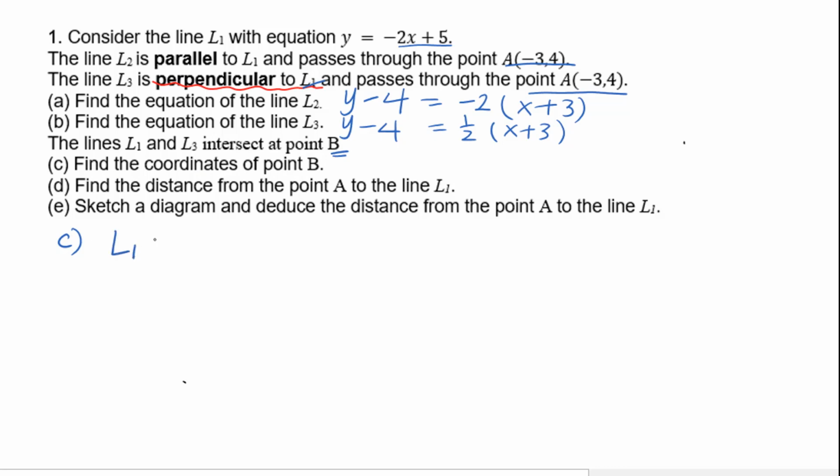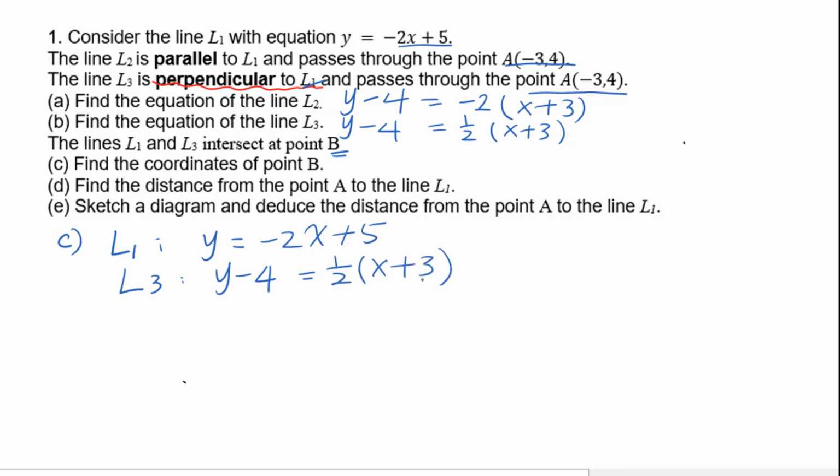We know for L1, we get y equals negative 2x plus 5. For L3, we get y minus 4 equals 1 over 2, x plus 3. We want to use a graphing calculator to get the answer. Therefore, for this 4, we will cross the equal sign and change the sign.